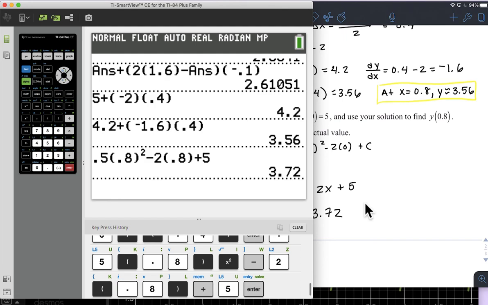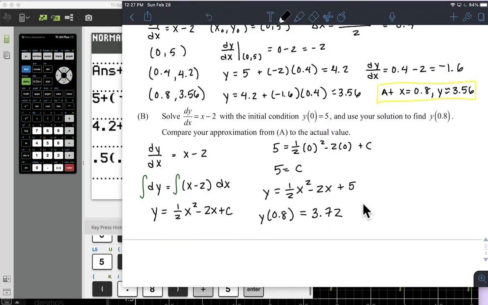So going back over to the iPad now, that's our actual value. And so if we want to compare it, our error is technically the absolute value of new minus old, or actual minus approximate.